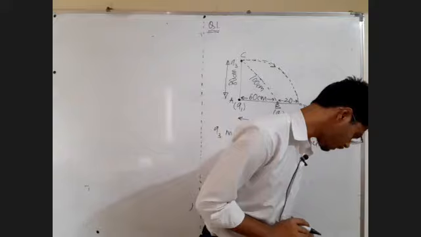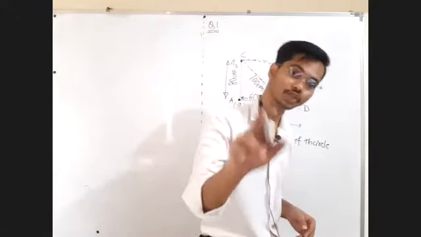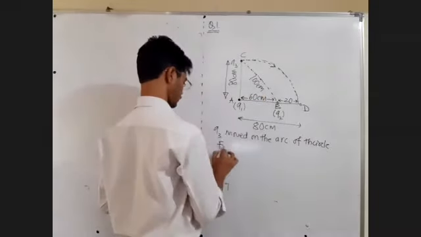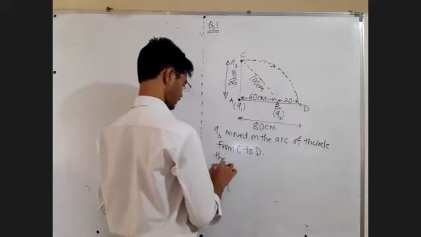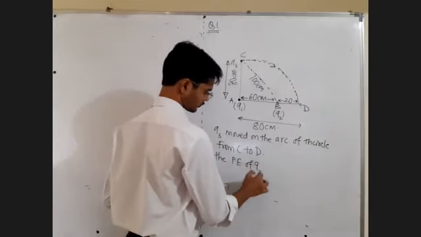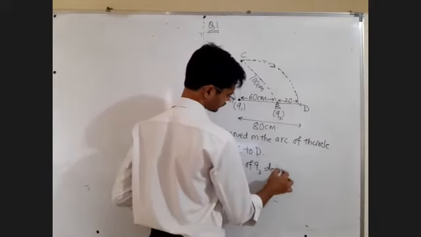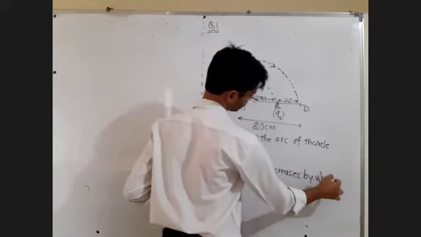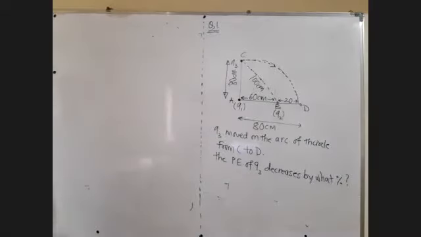The potential energy of the charge Q3, not the system, of the charge Q3, on the arc of the circle from point C to point D. The potential energy of Q3 decreases by what percent? Decreases by what percentage?